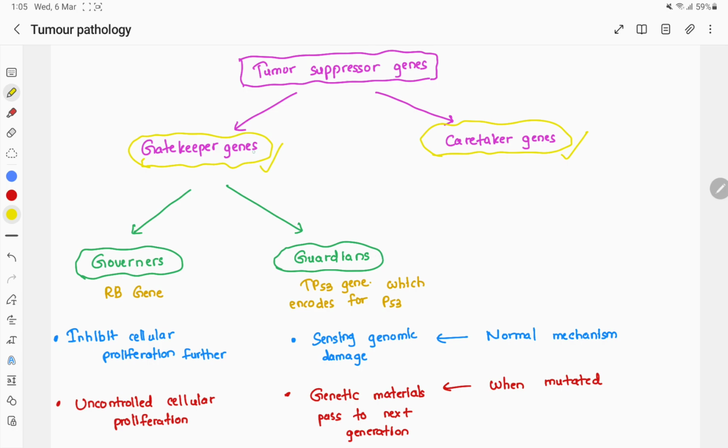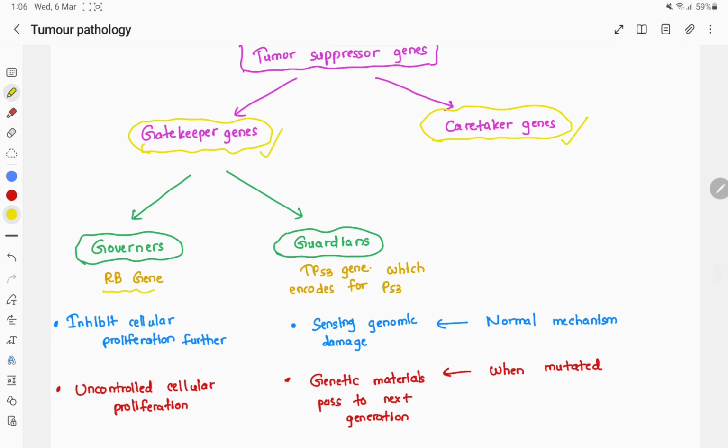The gatekeeper genes regulate cell growth and prevent cellular proliferation. An example of governors is the RB gene. An example of guardians is the TP53 gene, which encodes the p53 protein. Governors, such as the RB gene, are important to inhibit cellular proliferation, that means they prevent excessive cellular proliferation.